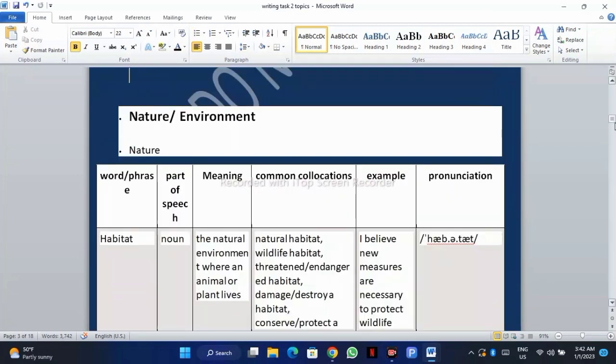Another method that I'm sharing with you for preparing your vocabulary list: write the word or phrase, then write the part of speech. Is it a noun, verb, adverb or whatever it is. Then you have to write the meaning of that word. After the meaning, you can add common collocations related to that word.